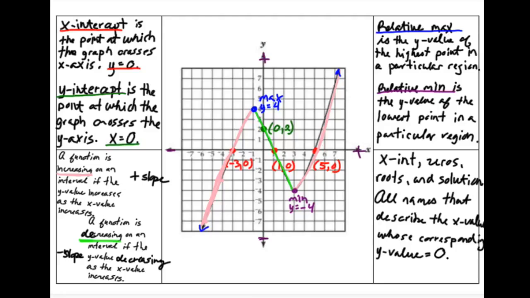We already know what an x-intercept is. It's the point at which the graph crosses the x-axis and y equals 0. So all of these things, the x-intercept, the zero, the roots, and the solutions, are where the function crosses the x-axis and y is equal to 0. These are all solutions to the equations. They're also referred to as roots, as zeros, right? It makes the most sense.